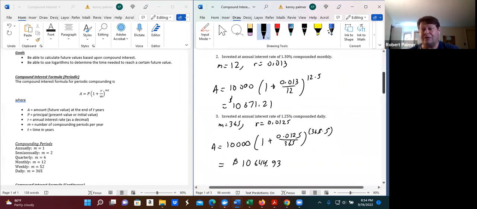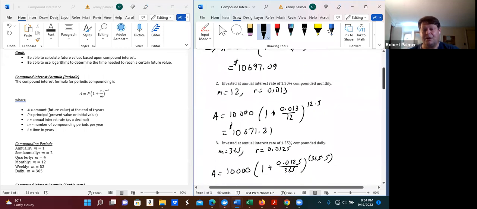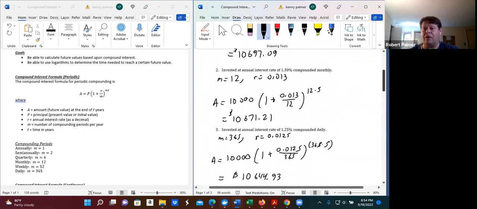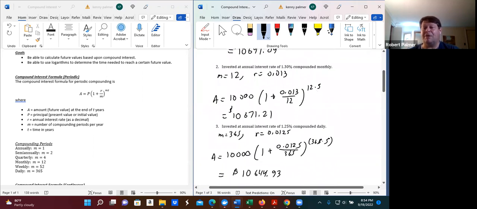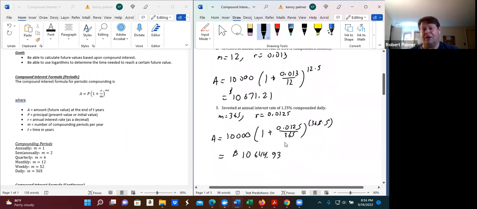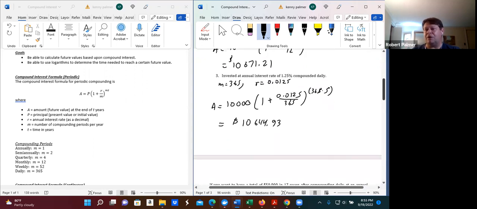If you left your interest rate the same in each of these three cases, then the more often you compound, the more money you would have. Or if you left your compounding period the same and reduced the interest rate, as we did, then you would have less. In this case, though, it looks like it's more sensitive to the interest rate, and any benefits we got from compounding more often, we lost by reducing our interest rate. That's how the basic formula works. Let's take a look at a couple more examples.